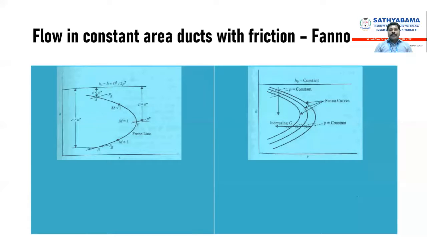In constant area flow with friction, or Fanno flow, we are considering three things. Flow with friction means in the absence of heat transfer and body force.